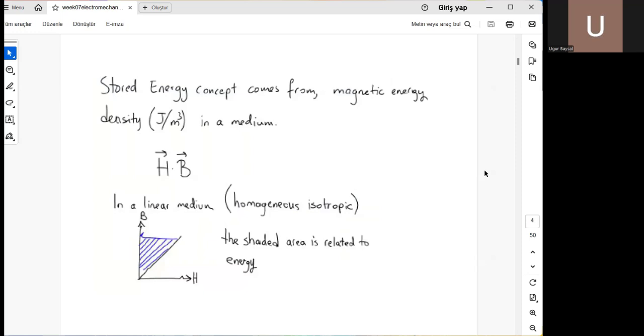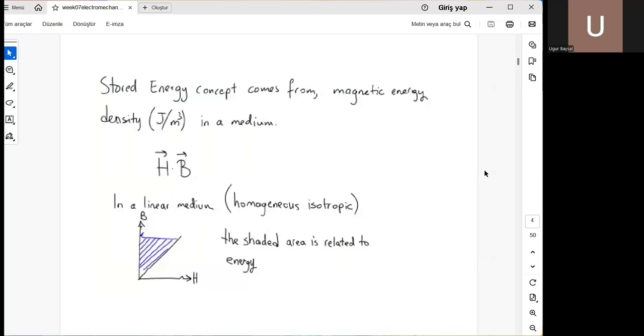When we consider the relationship between the magnetic field intensity and the magnetic flux density, that integral is just the area between the curve and the vertical axis, as shown by the blue shaded area under the graph.